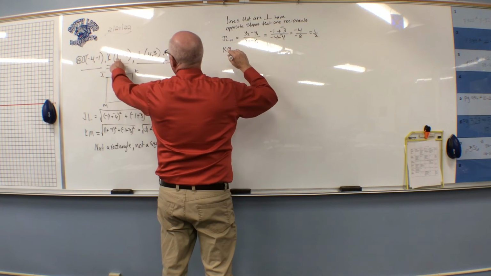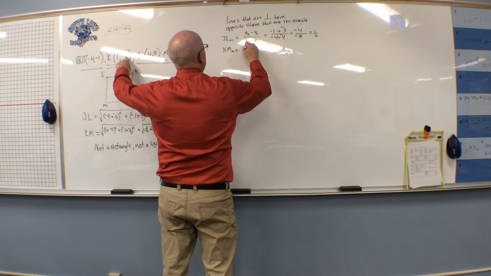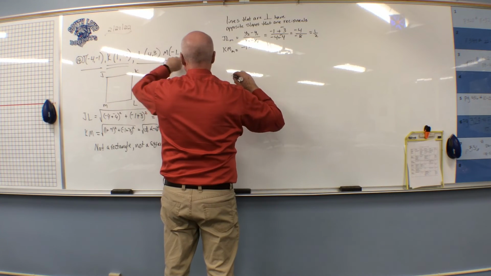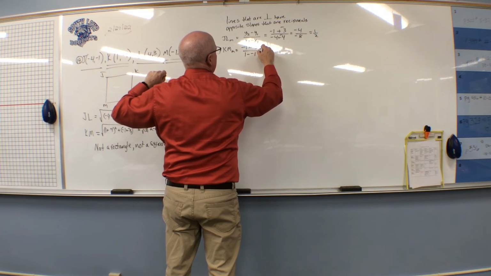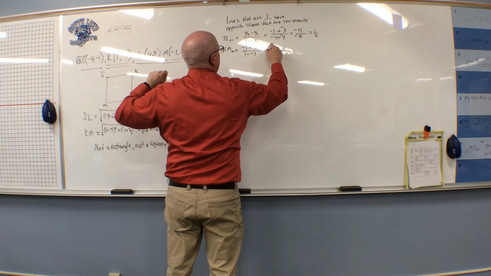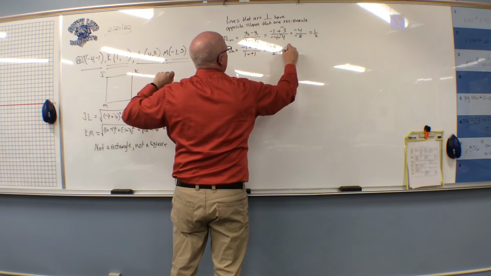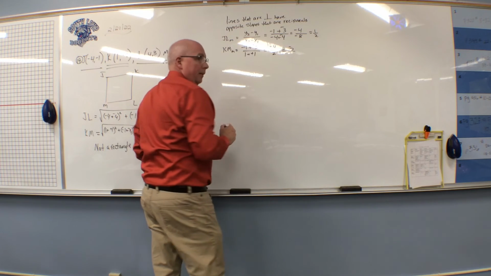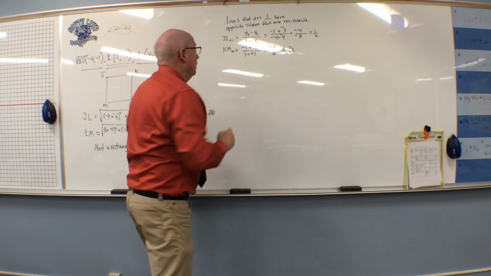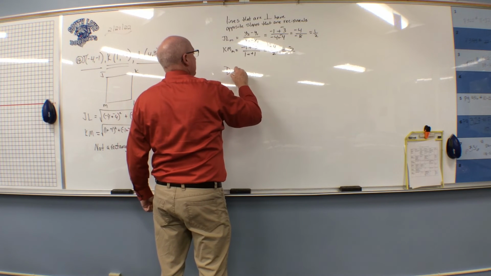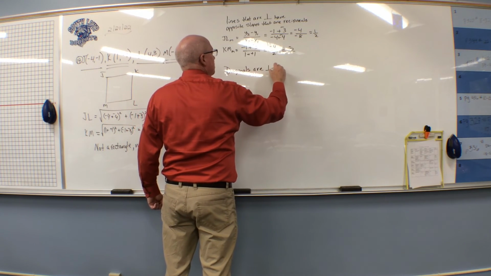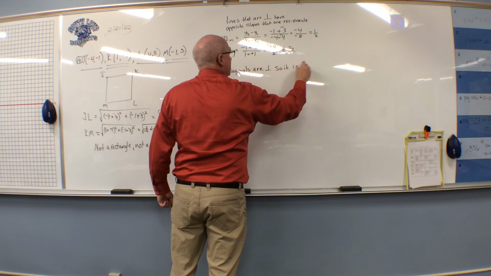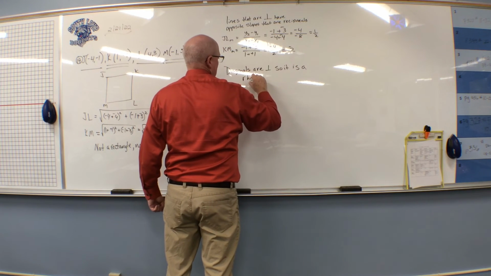So K is changing y's, and make sure you're doing the y's. -1 minus 3 over 1 minus -1. So I have -4 over 2, which is -2. Guess what? The diagonals are perpendicular, so it is a rhombus.